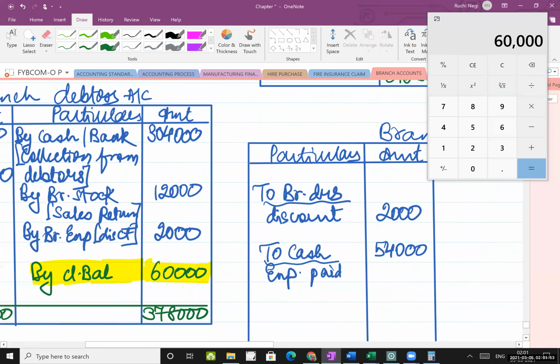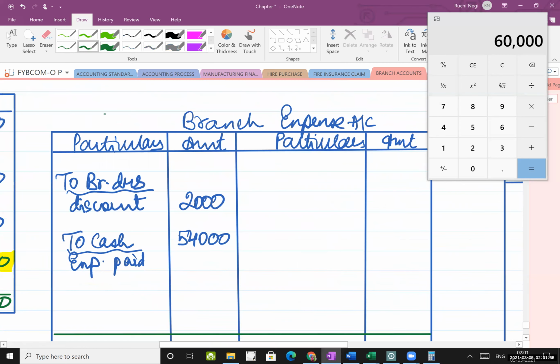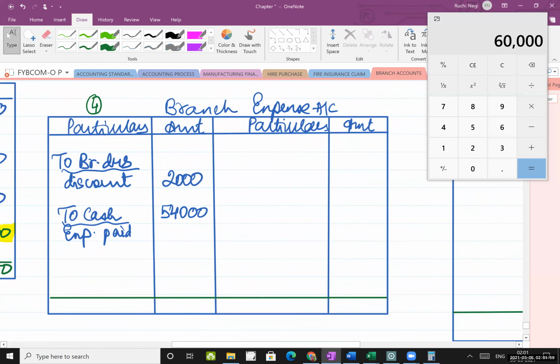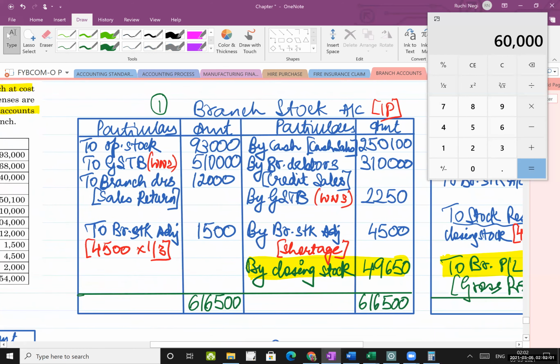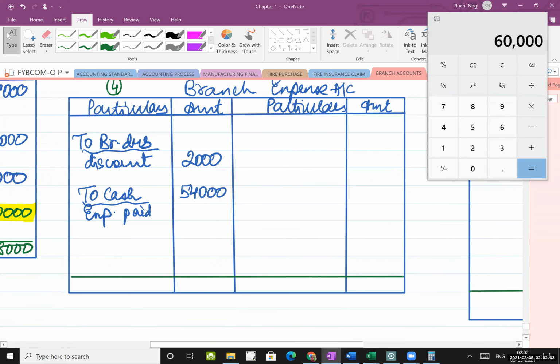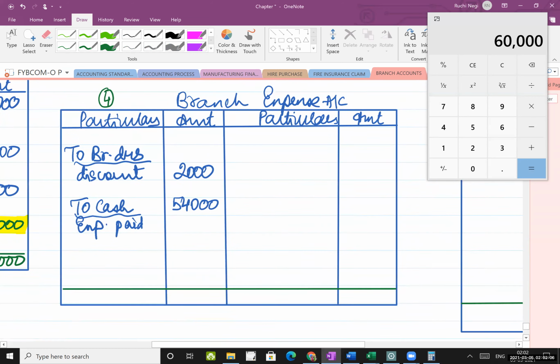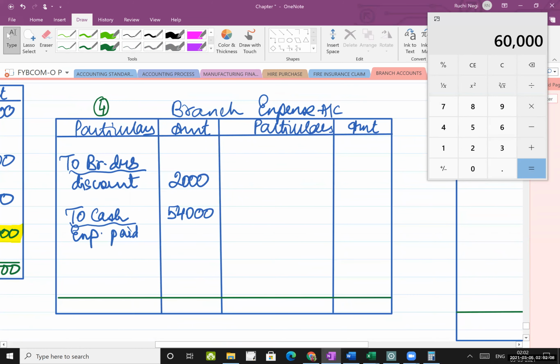Next, we'll go to branch expense, the fourth one. Now what do we have? 54 plus 2 is 56,000. Take the balancing figure, transfer it to branch P&L.